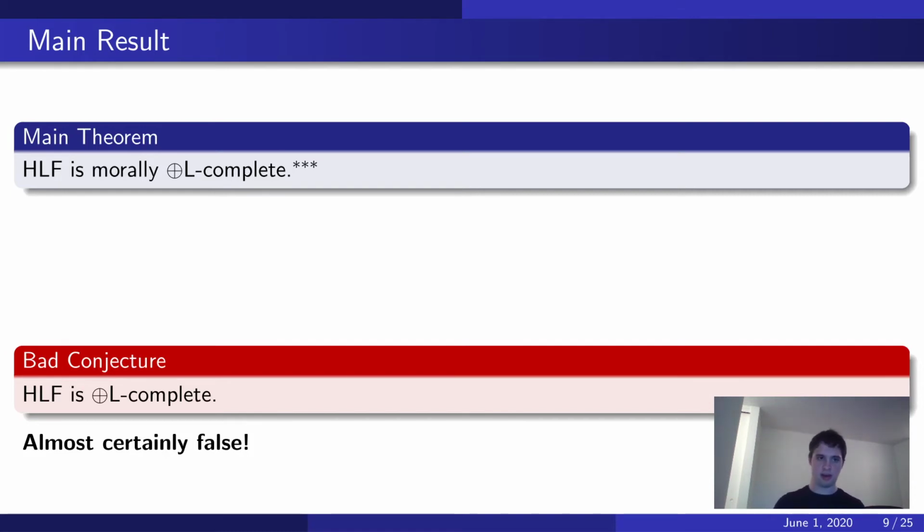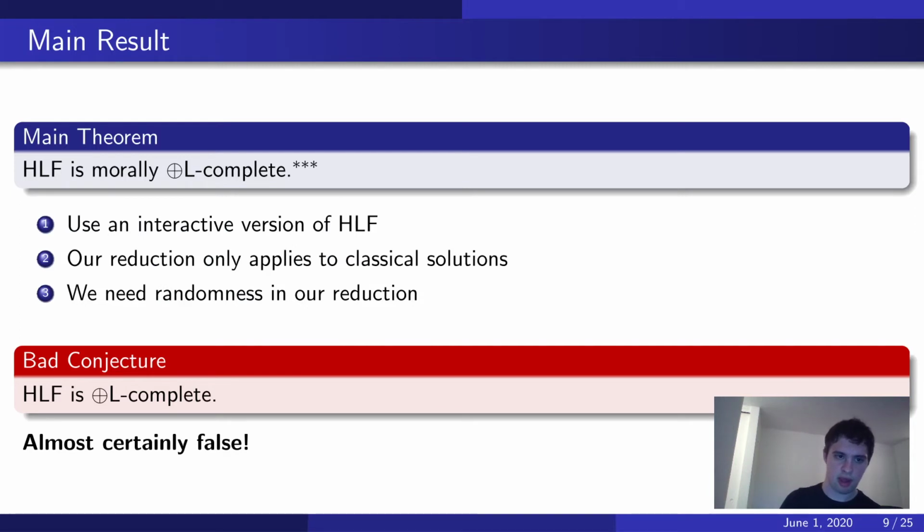So the rest of the talk is going to be about reconciling this apparent contradiction. That the conjecture is, we think, false, and yet it's a fairly good description of our main theorem. So we're going to have to get into the nuances and details of our theorem and explain how the two are different. And there are 3 points.